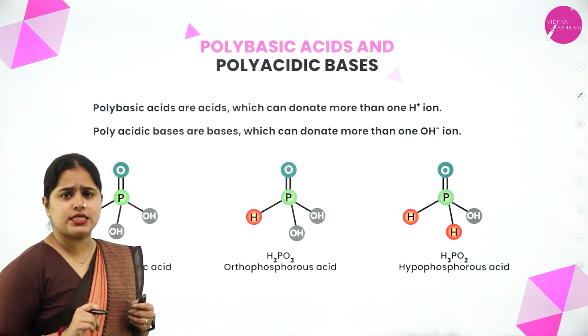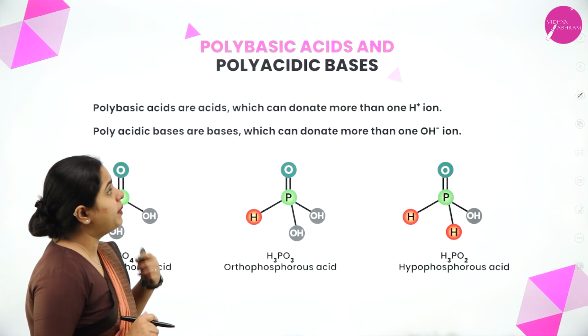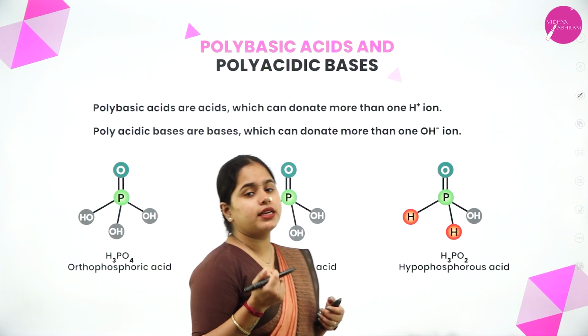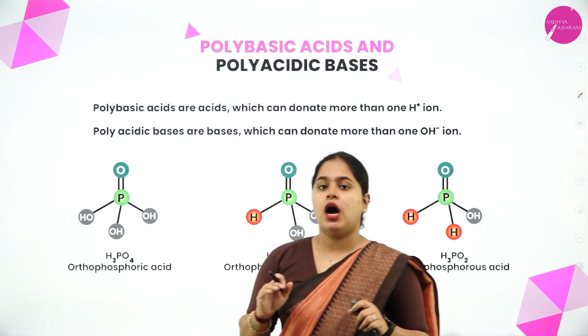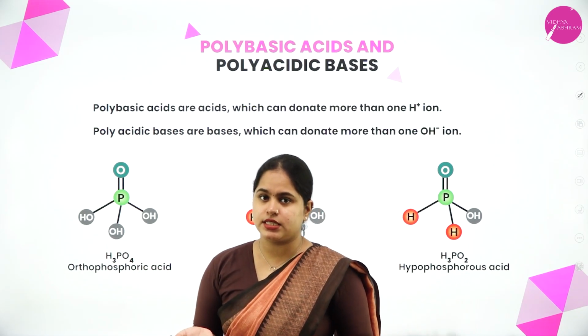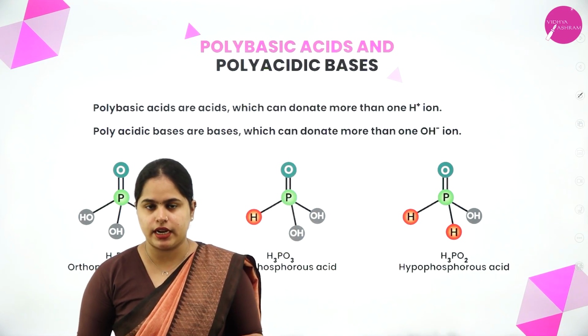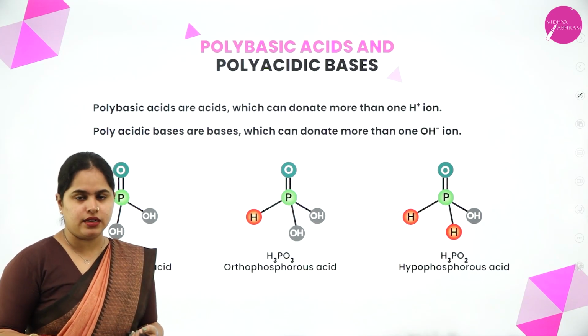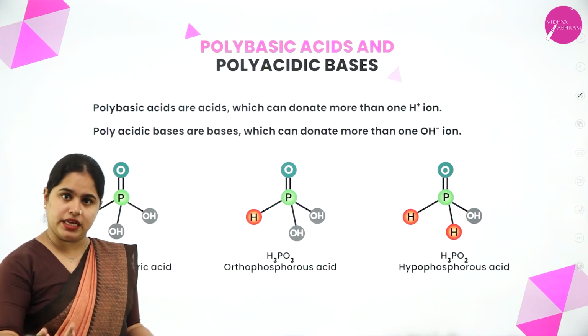Now moving on to the next concept, that is polybasic acids and polyacidic bases. So we have already studied in the previous session about basicity of acids and acidity of bases, right? So now in the same way we are going to see what is a polybasic acid and what is a polyacidic base. Okay.